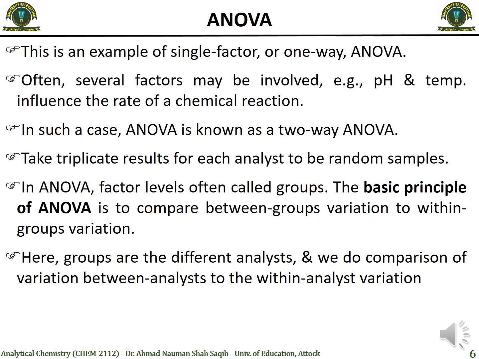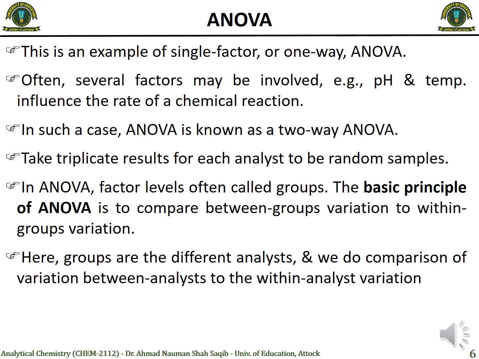But there are certain other complex cases. For example, if we are conducting an experiment and we are synthesizing something, and the rate of chemical reaction is determined by two factors, one is pH and one is temperature. So now we have three variables: the rate of the chemical reaction, and then two factors, pH and temperature.